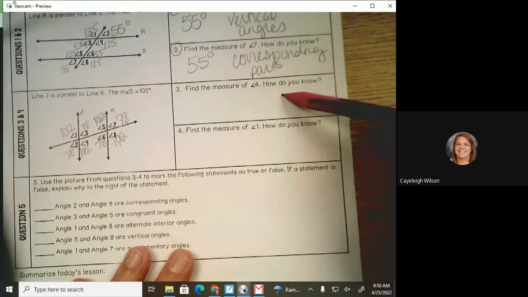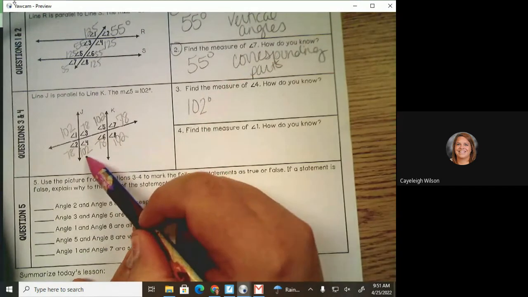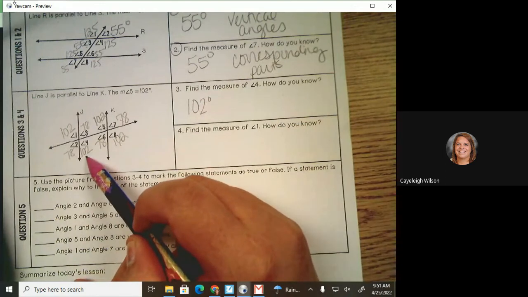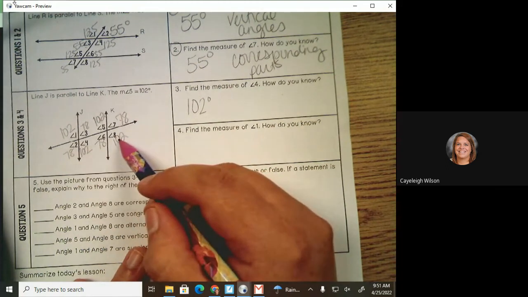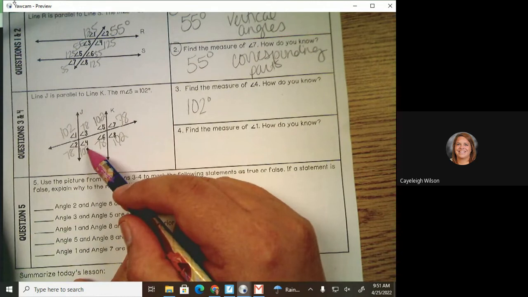Now, it says find the measure of angle 4. Angle 4 was 102. How do you know that? Okay, so corresponding angles, we did do that. So you could say because angle 8 and angle 4 are corresponding angles. So that's one thing you could say.